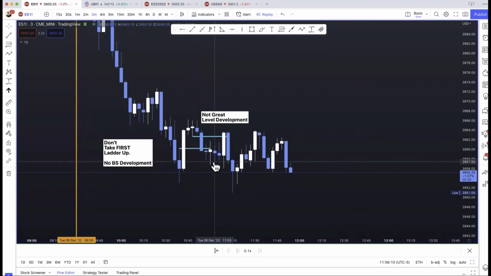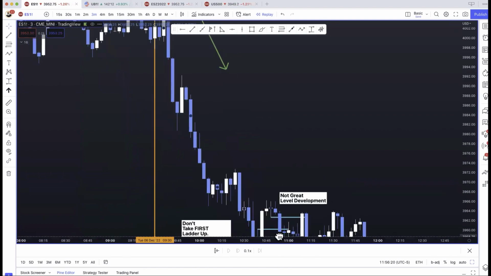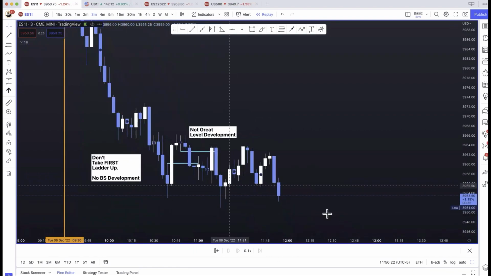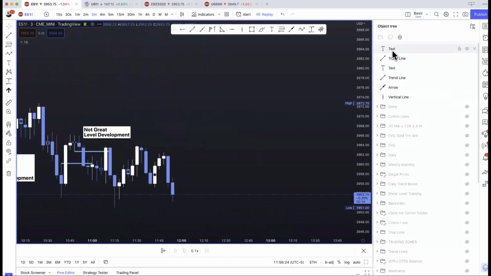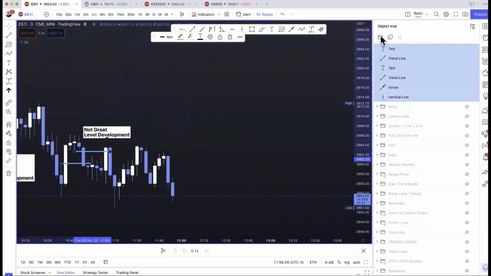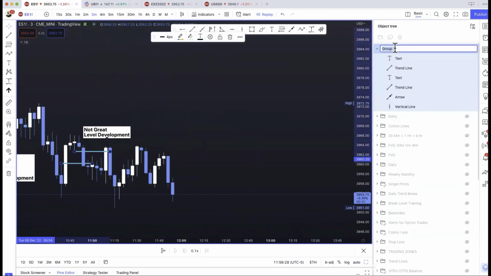Because in both of these cases, what is missing? There was zero backside development. I want to go over that again. I was going to ask, did anyone want me to go over it? But I'm going to do it anyway.